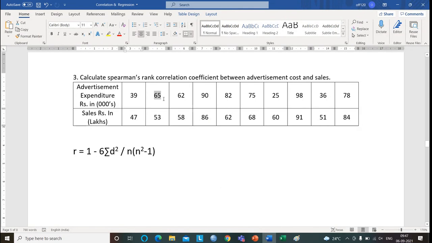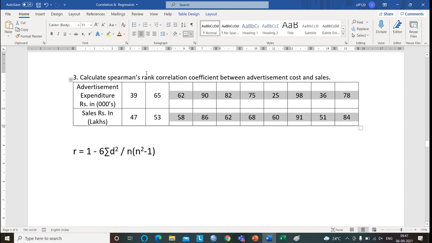And in the next case, they have invested 65,000 for advertisement, so they have got 53 lakhs in sales. So that is how different values were given to us. Based on this data, they are asking us to find the rank correlation.